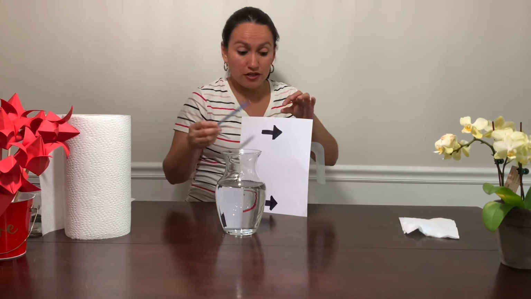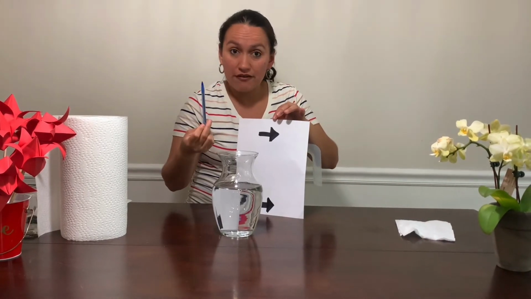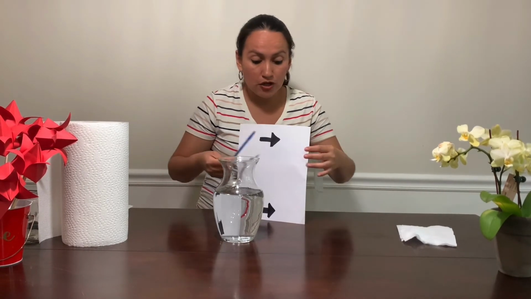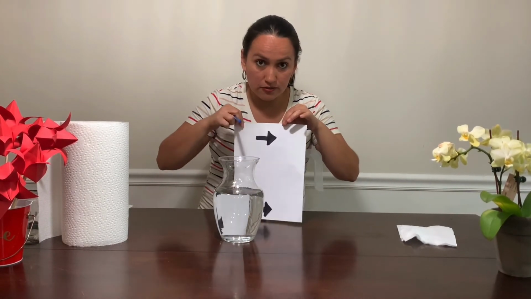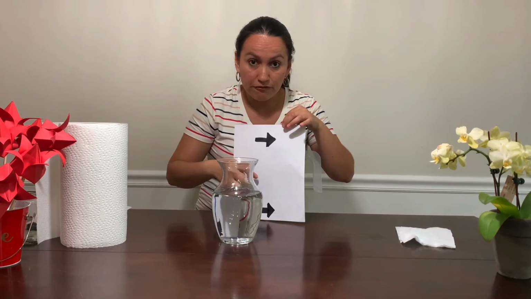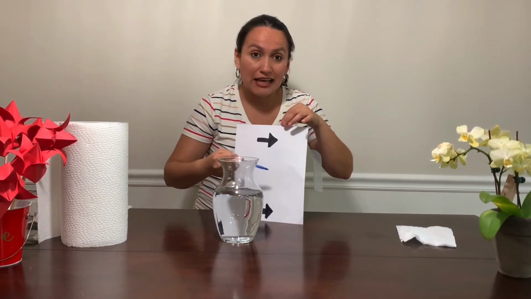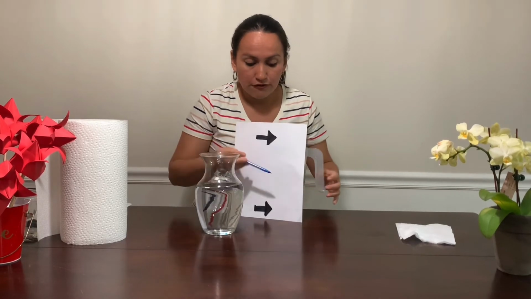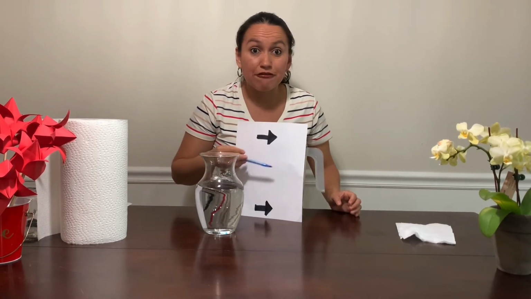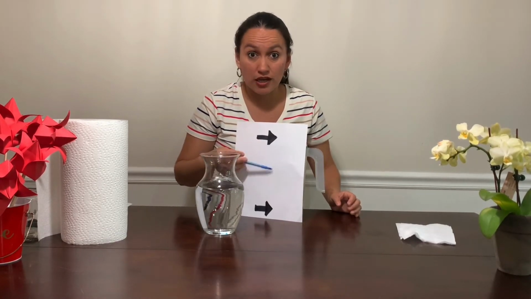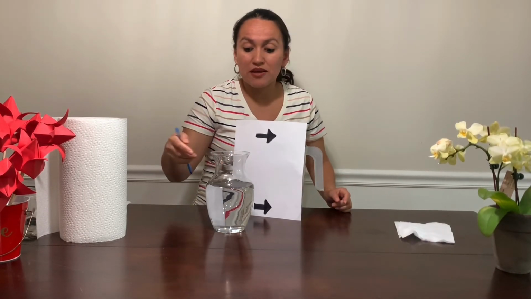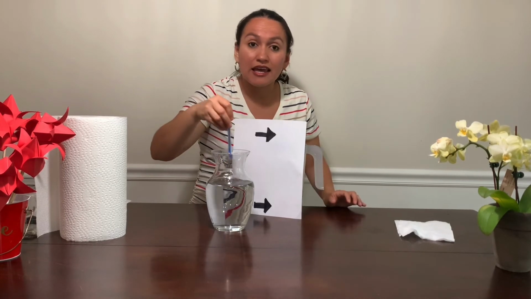The first point is when the light travels through the air. Why? Because it's from here where I have the sheet of paper to the glass. So this distance, from the paper to the glass, is the first medium, that is the air. The second medium is when the light travels in the water.